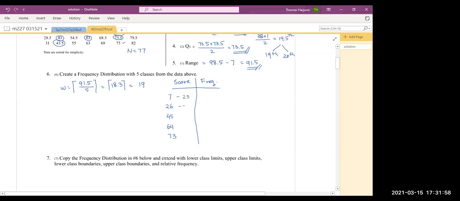This will be 44. Keep on adding 19, the class width.